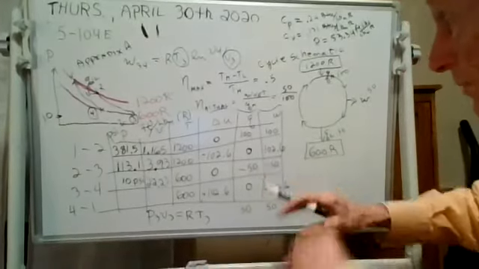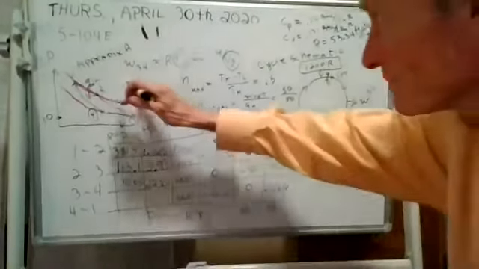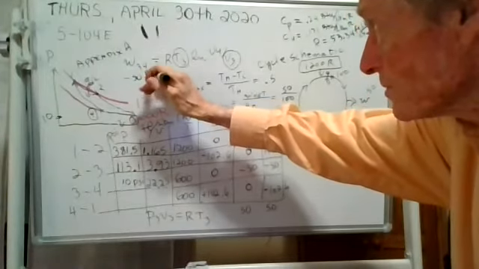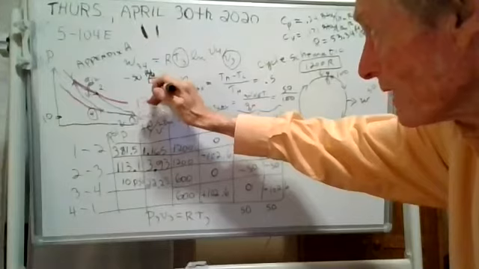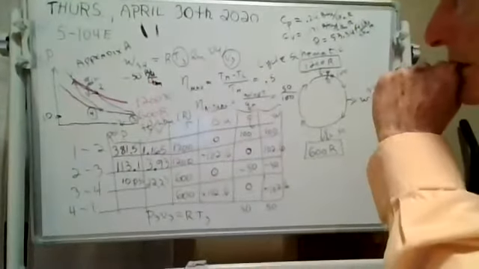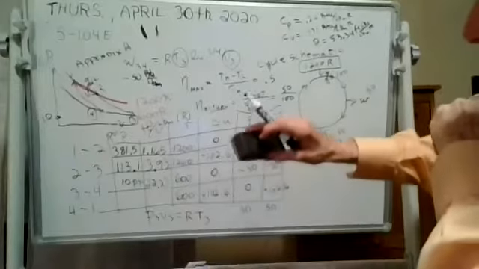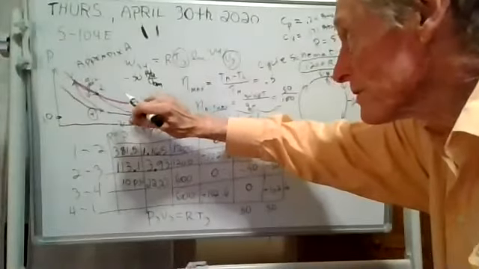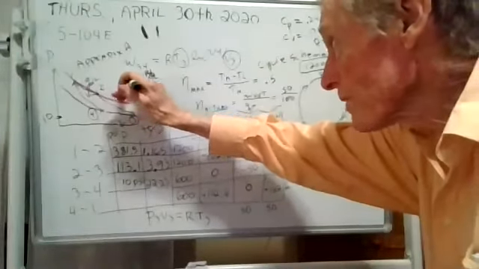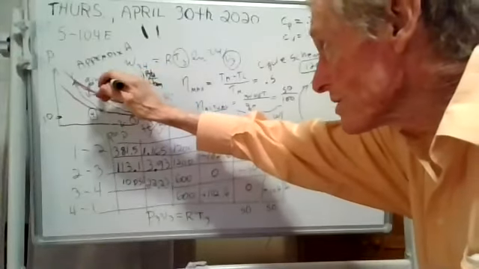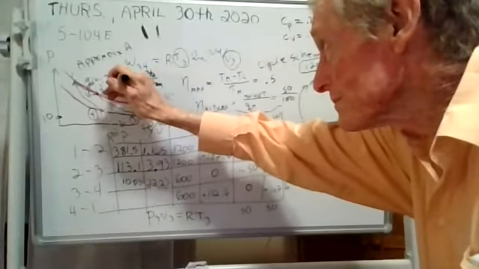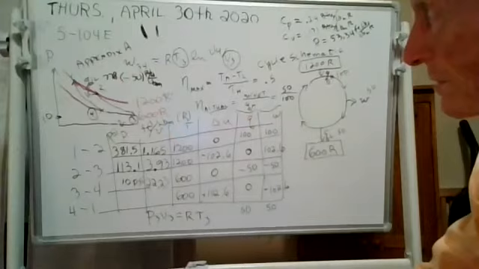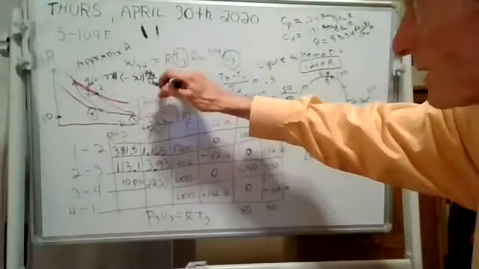Okay, now back to Christian's idea. The work from 3 to 4 is minus 50. But see, that's BTUs per pound mass, isn't it? This English stuff is really kind of nasty. To get foot-pounds force, you have to multiply that by 778 foot-pounds per BTU. That'll get rid of your BTUs, and you'll have foot-pounds per pound mass.